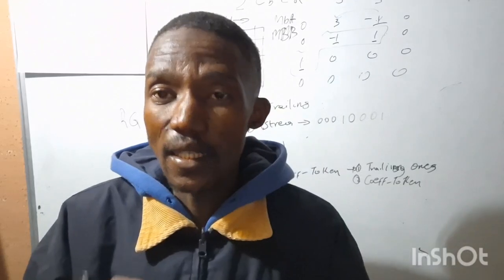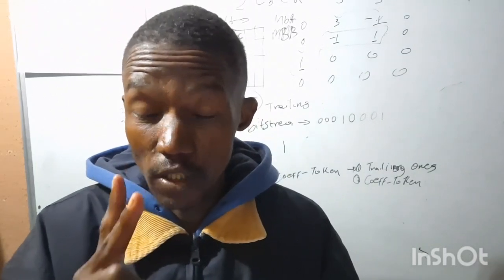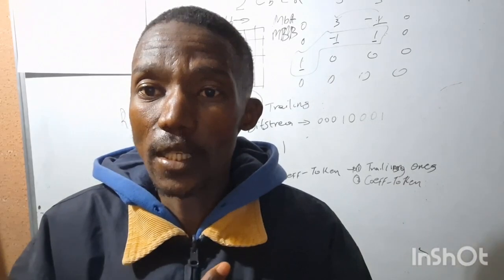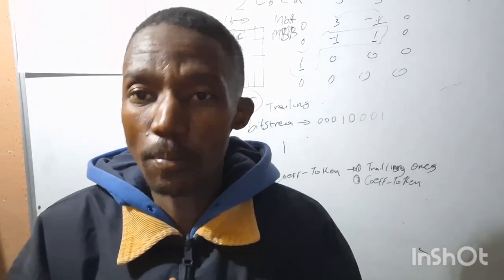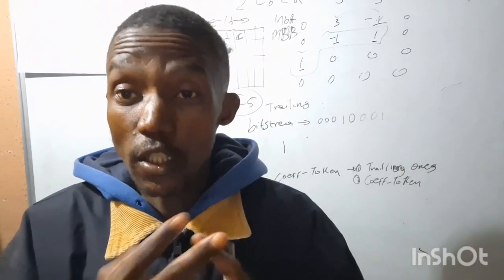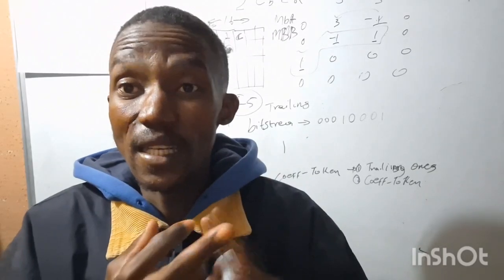And we said non-zero coefficients are composed of two types. There are those that will be separately encoded as trailing ones, and we have explained what trailing ones are and how to encode them.